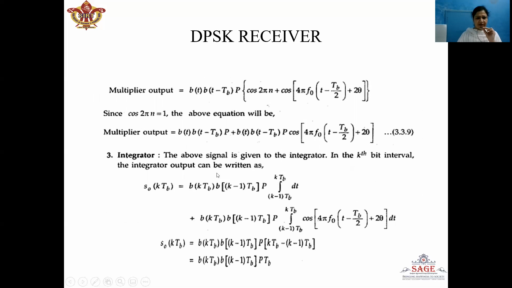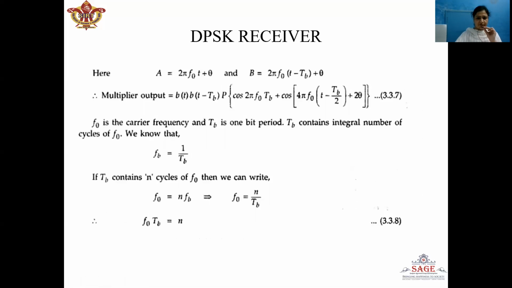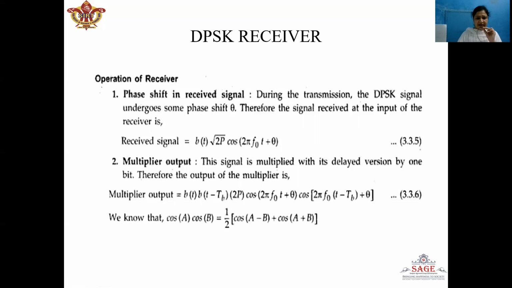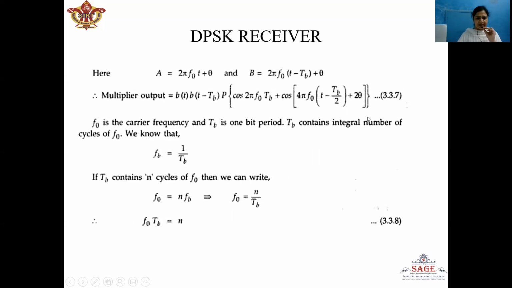When we multiply the two signals, cos A into cos B, the trigonometric formula will be used, which is given as half of cos(A minus B) plus cos(A plus B). So putting in the formula for cos A into cos B, we get the multiplier output as this expression.